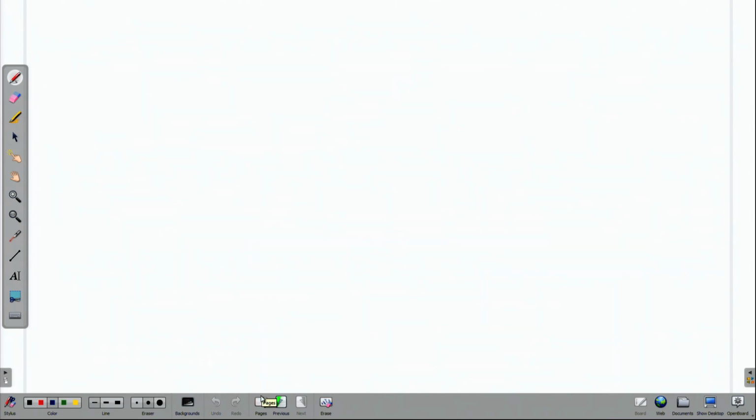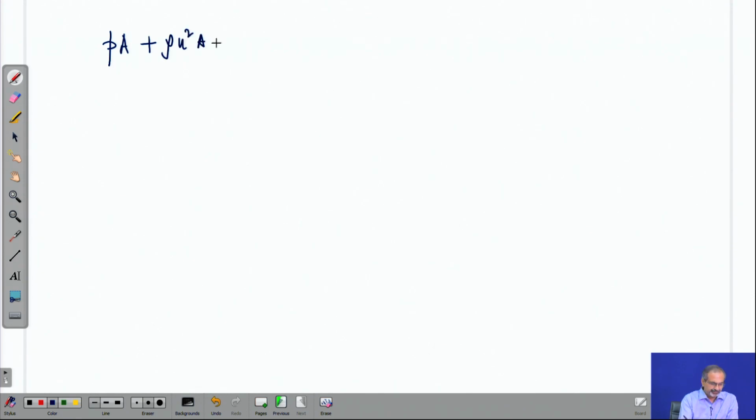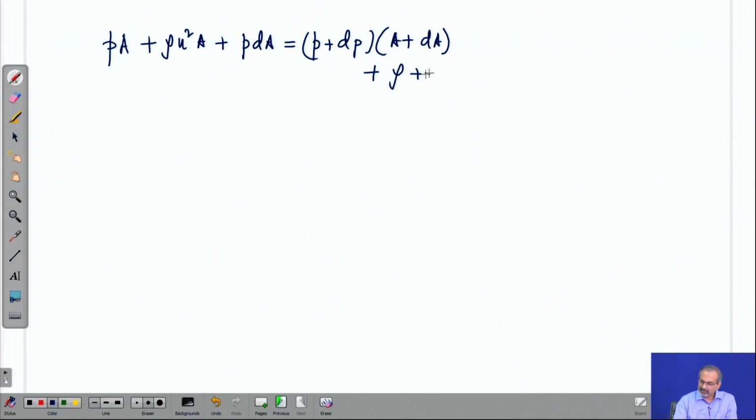So, let us try to write down that equation for this differential control volume. If you apply it across the two sections, what do you get? You get an equation like this. How does it compare with the case that we were just looking at, where finite changes are involved? It will be easier for us to understand if we write that equation more systematically and compare with what we are writing now.